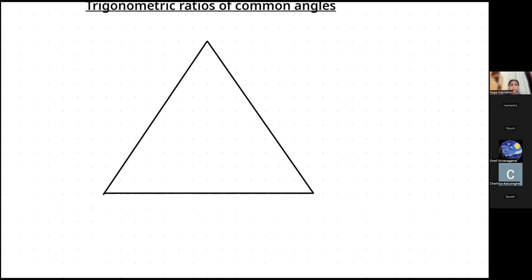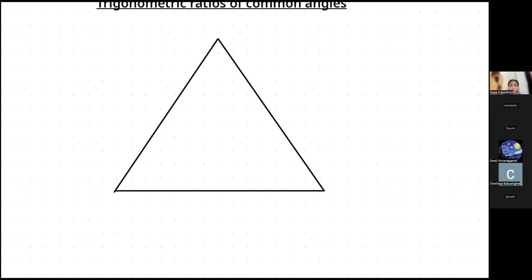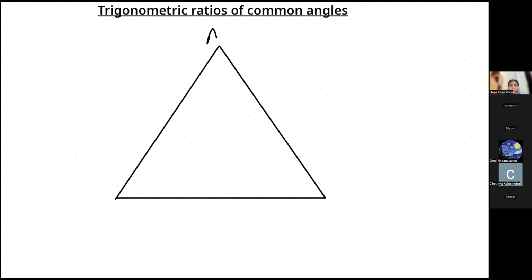Let's say this is an equilateral triangle, and I will label this triangle as ABC. A, B, C. Let's label the length of the sides: this side is 2x, this is 2x and this is also 2x. Then you know what the magnitude of interior angles of an equilateral triangle is? 60 degrees. So this angle is 60 degrees, this angle is 60 degrees, this angle is 60 degrees.